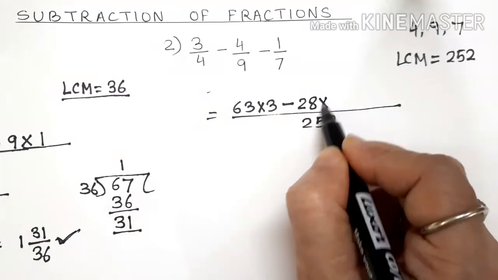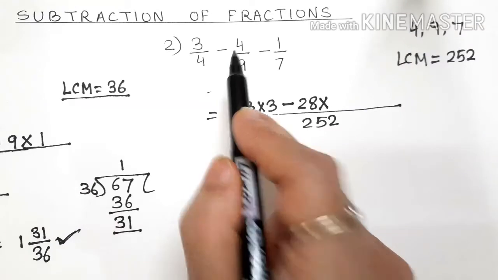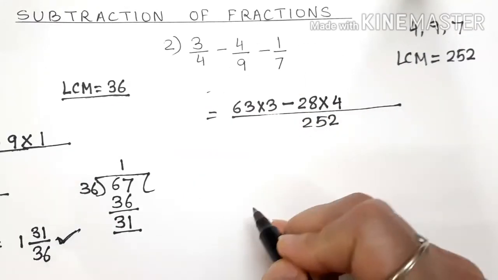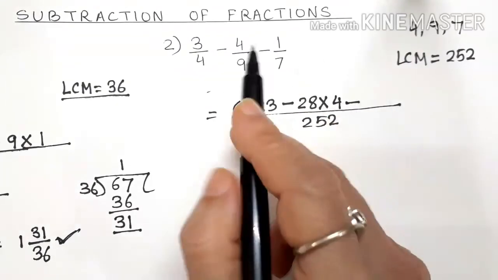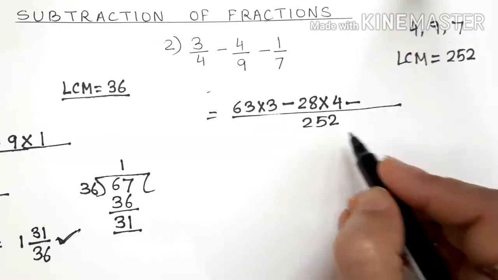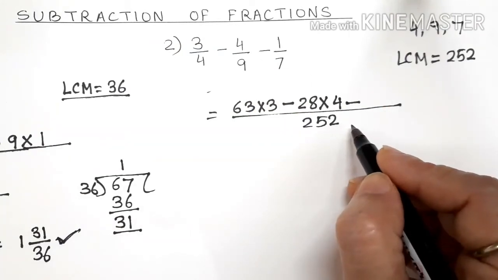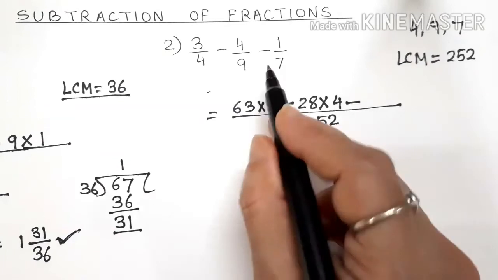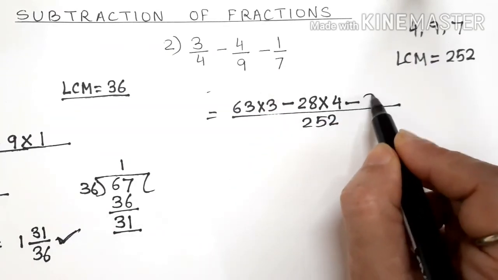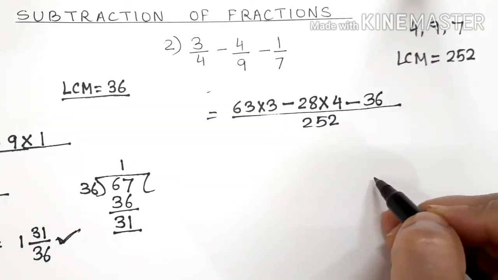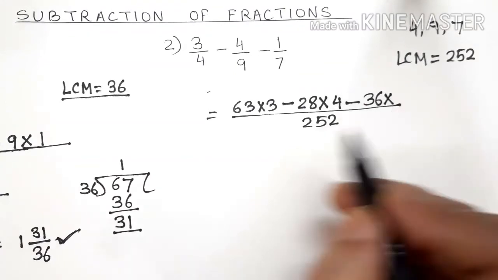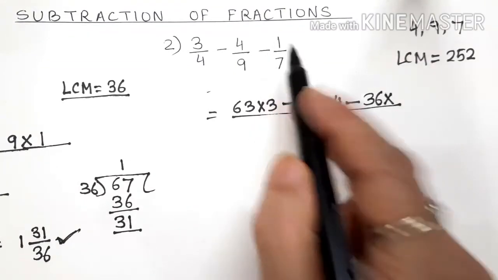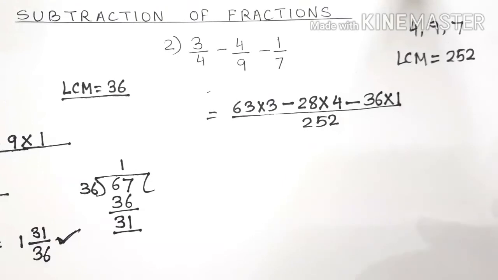We will multiply this by the numerator 4. Again the minus sign, this one here. Now 252 divided by 7 here will give you 36. Now 36 will be multiplied by its numerator, that is 1.